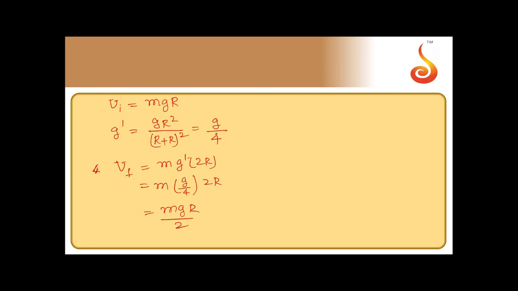This is final. So change in potential energy should be initial potential energy minus final potential energy. So that will be mgr minus mgr by 2, that is equal to mgr by 2. So that is option A.